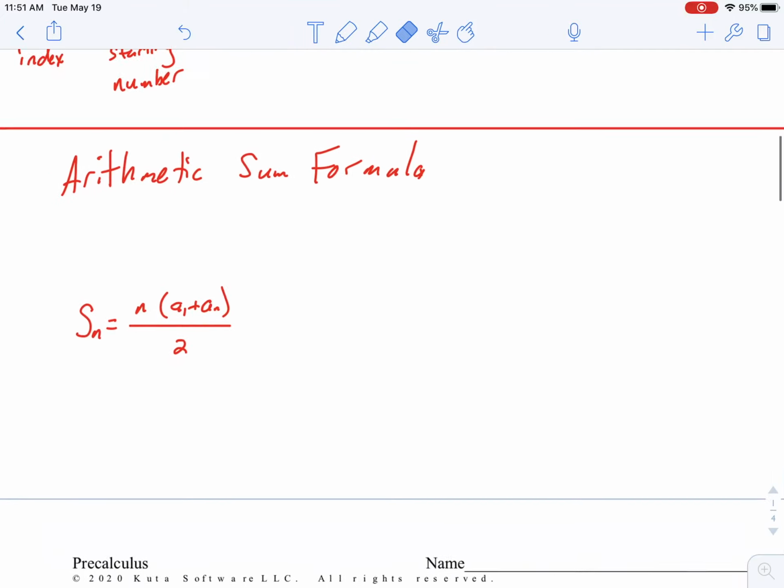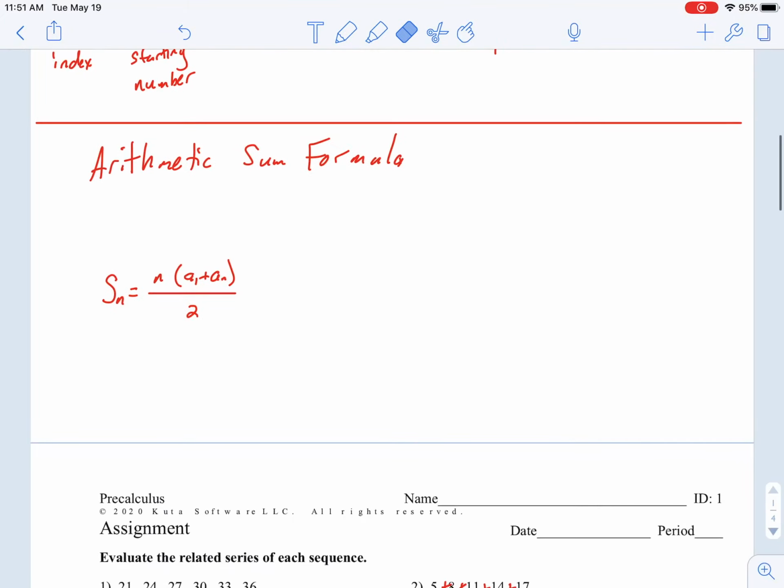Okay, so to find the sum of n numbers, you do n times a1 plus a n, divided by 2.